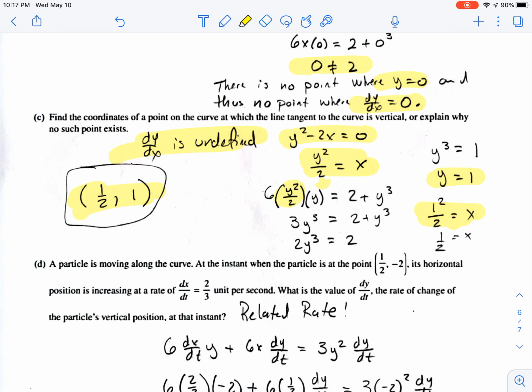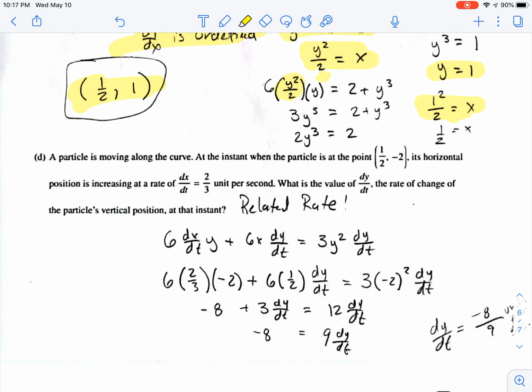And then lastly, it's a related rate question. It's telling you the rate at which some particle is traveling along this curve. It says, what is the value of dy dt, the horizontal rate or horizontal velocity of this particle.